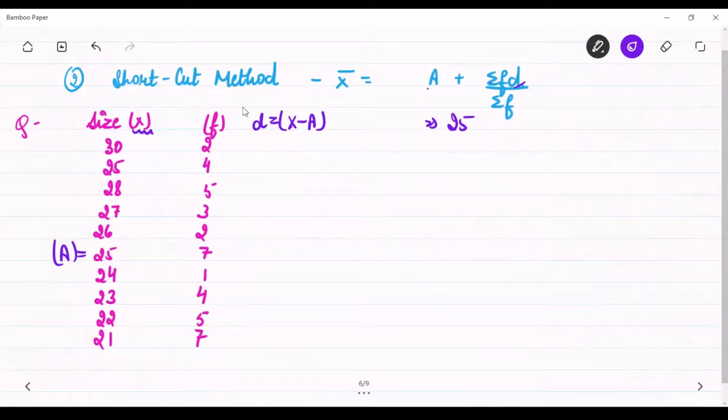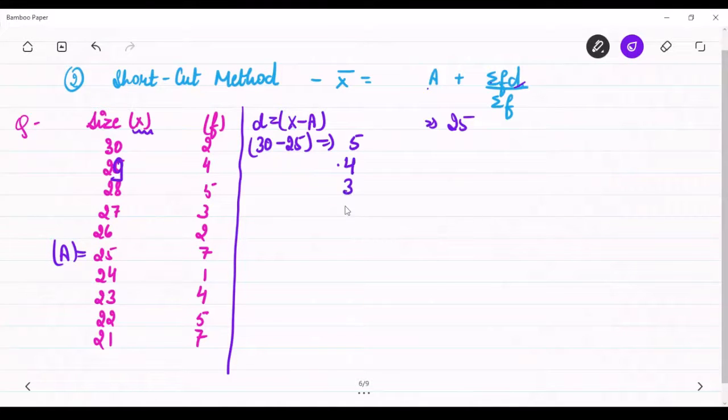So in the first, how to calculate it? X is 30 and A is 25, so the answer that I am going to get is 5. Follow the same procedure with all other observations. 25 minus 25 is 0, sorry, 29. 29 minus 25 is 4, then 3, 2, 1, 0, minus 1, minus 2, minus 3, minus 4.